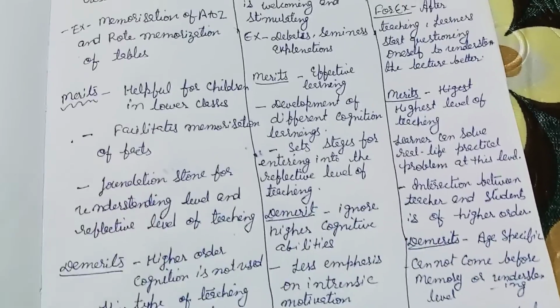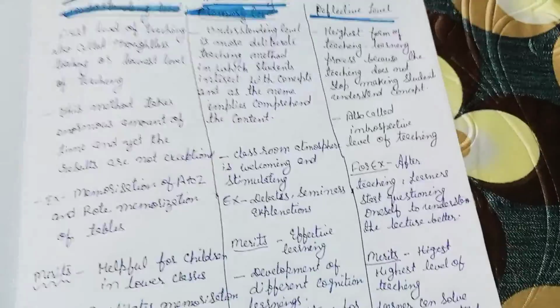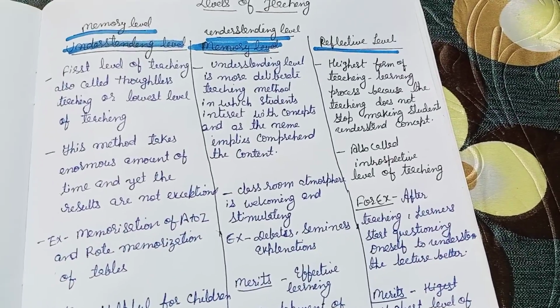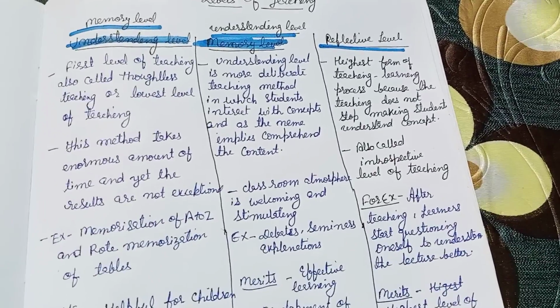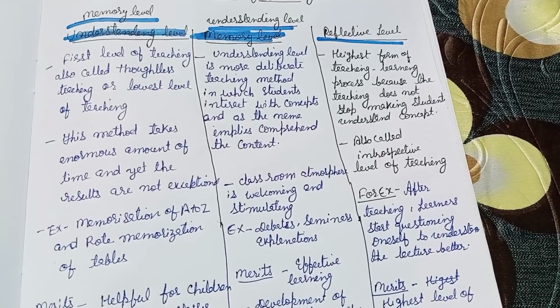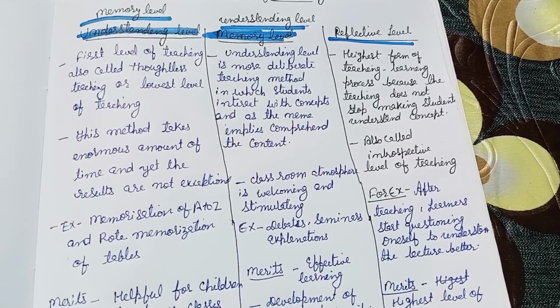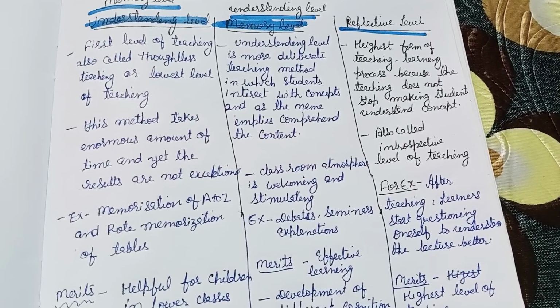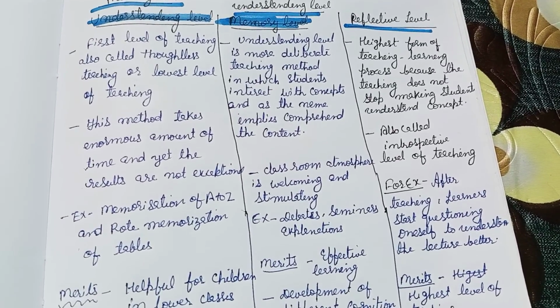Now we will discuss reflective level of teaching. It is the highest form of teaching learning process because teaching does not stop at making students understand the concept.